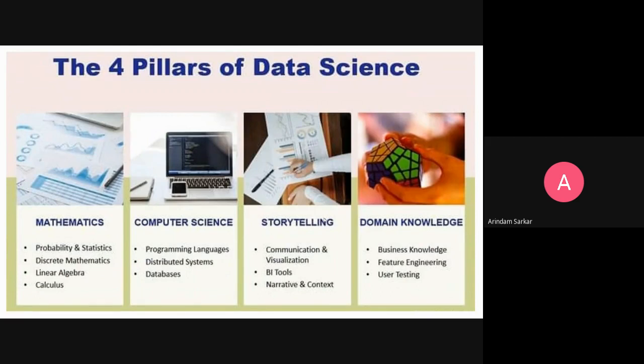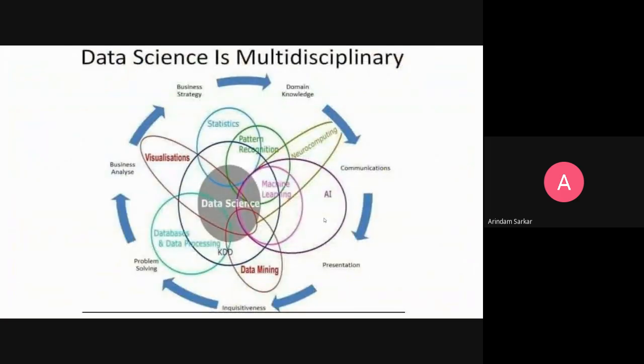You need to learn mathematics first of all: statistics, probability, discrete mathematics, linear algebra, calculus. These are very important. Then computer science background, programming background. Then the BI tools, data analysis tools, and the domain knowledge. The domain knowledge is very important because of what data you are selecting, and whether you are cleaning the data or not. So data science is multidisciplinary.